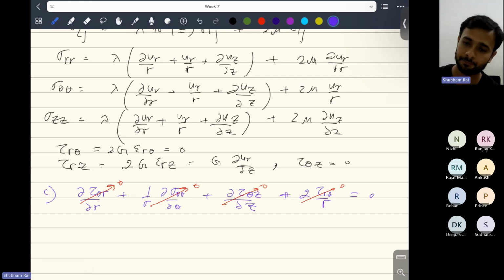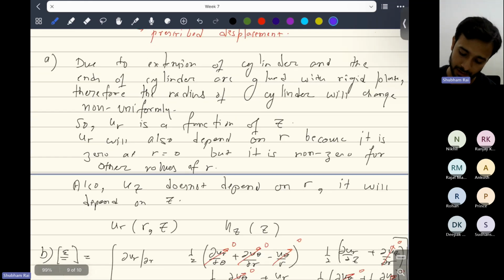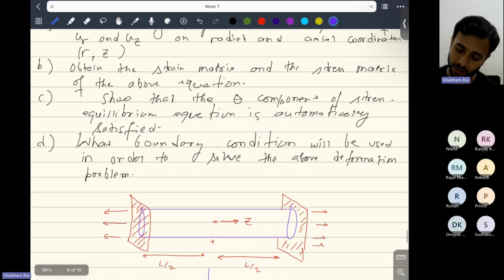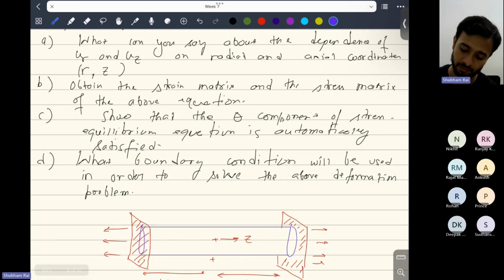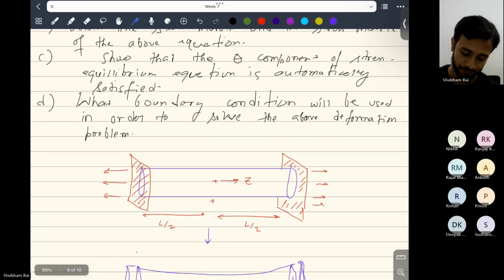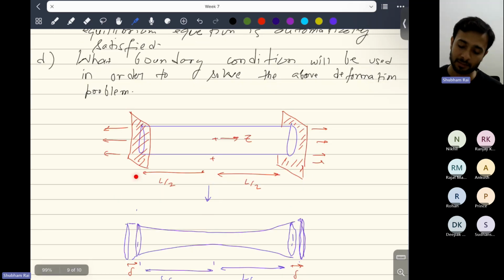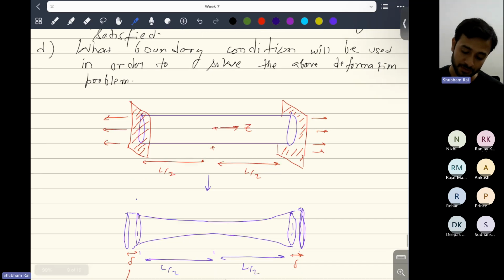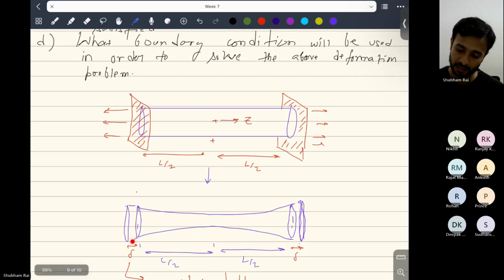Now in part D, what you need to do? In part D, you have to find what boundary conditions will be used in order to solve the above deformation problem. So for the boundary conditions, you're able to see that at z is equal to minus L by 2, what boundary condition you have? So you have uz present. So uz is prescribed.